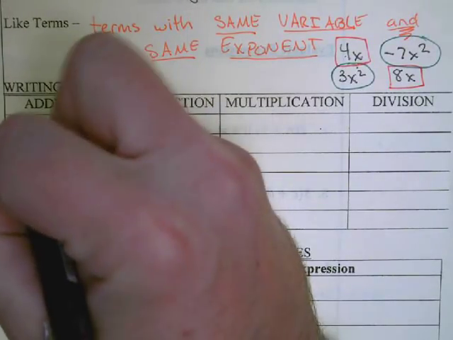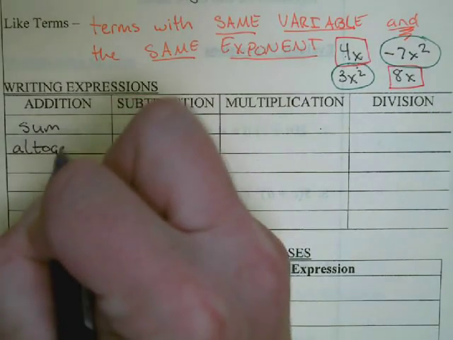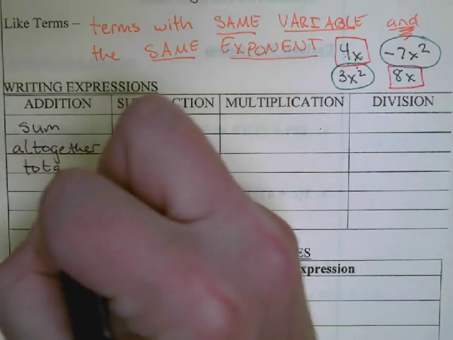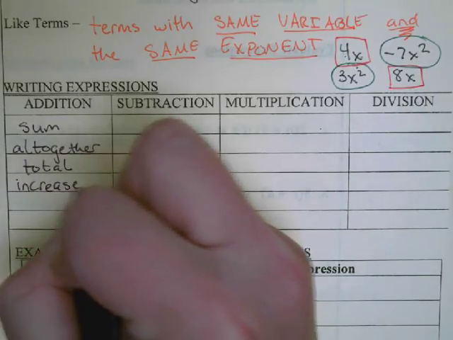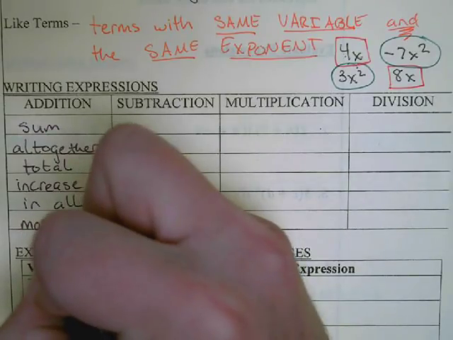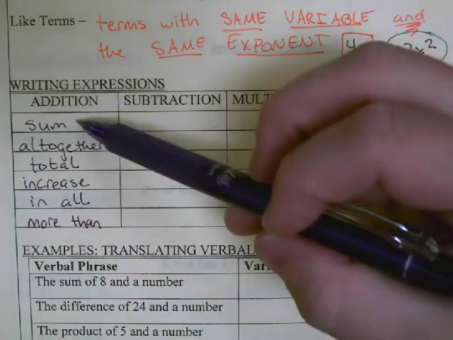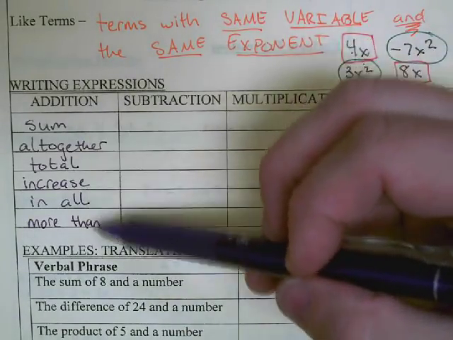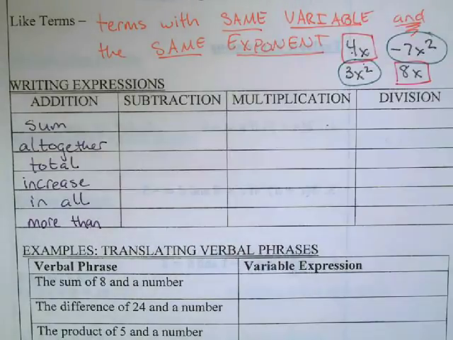Addition is sum, all together, total, increase, in all, more than. All of these words, when we see them, imply that we will usually be adding, we will usually have an addition sign in this kind of problem.